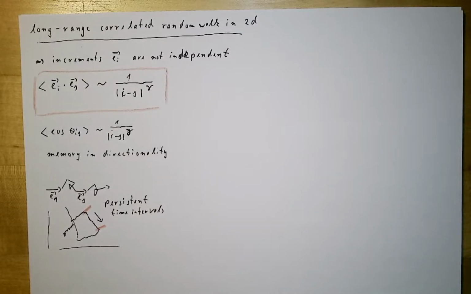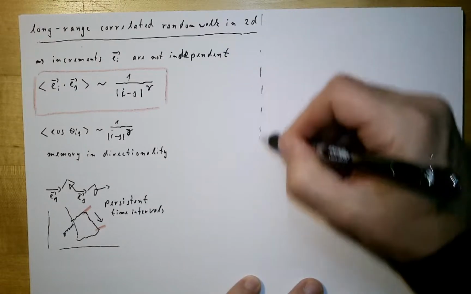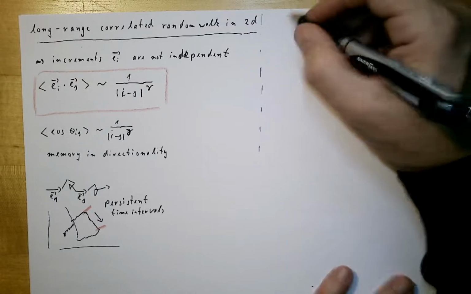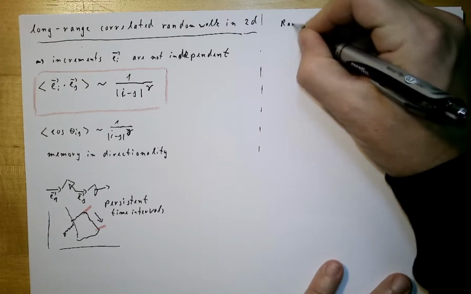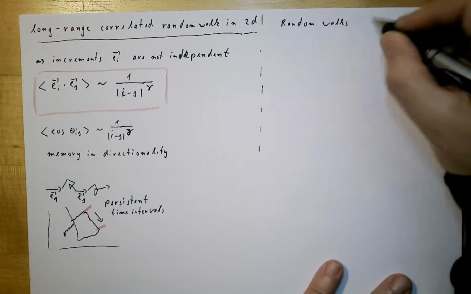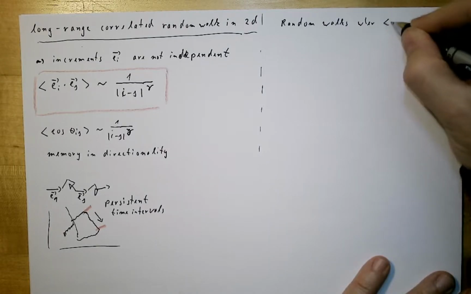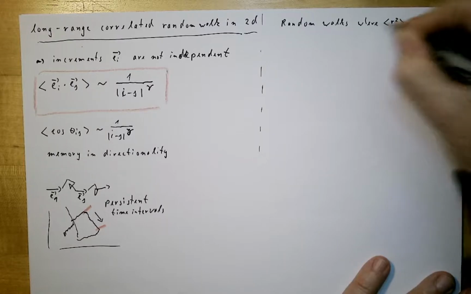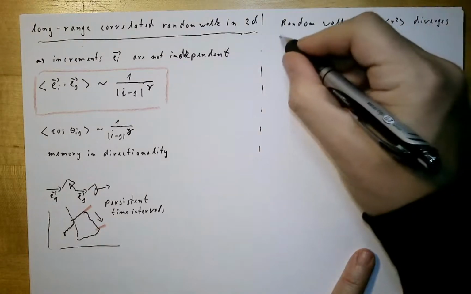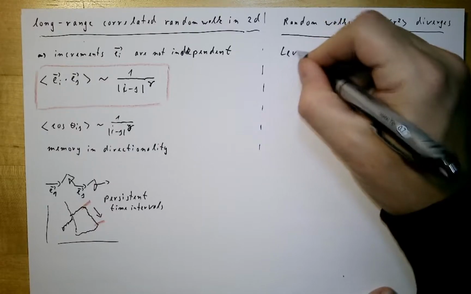So if we go to 2 dimensions, in general it would be random walks where the second moment diverges. And the typical example for this are the Levy flights.